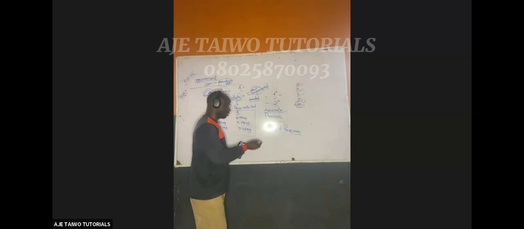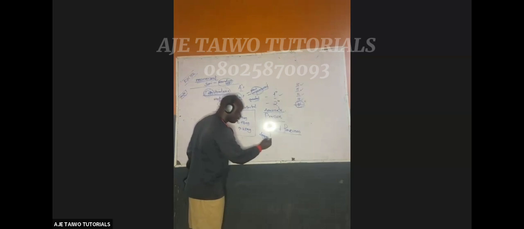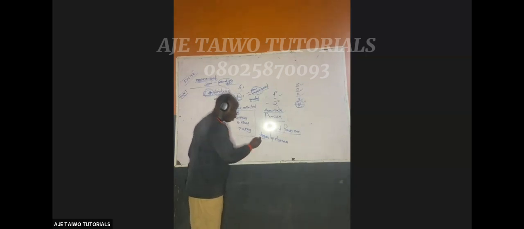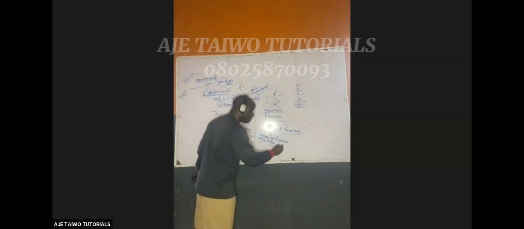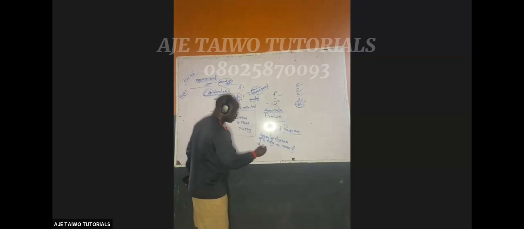What is accuracy? Accuracy means degree of closeness of a data, or mean of a set of data.